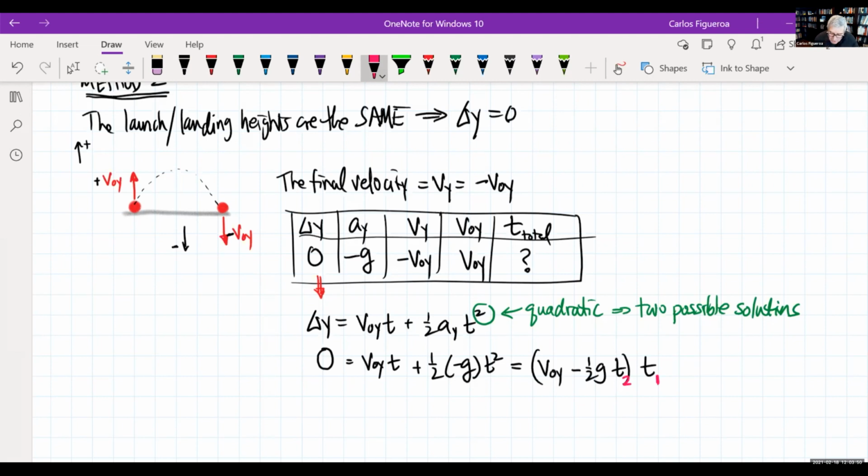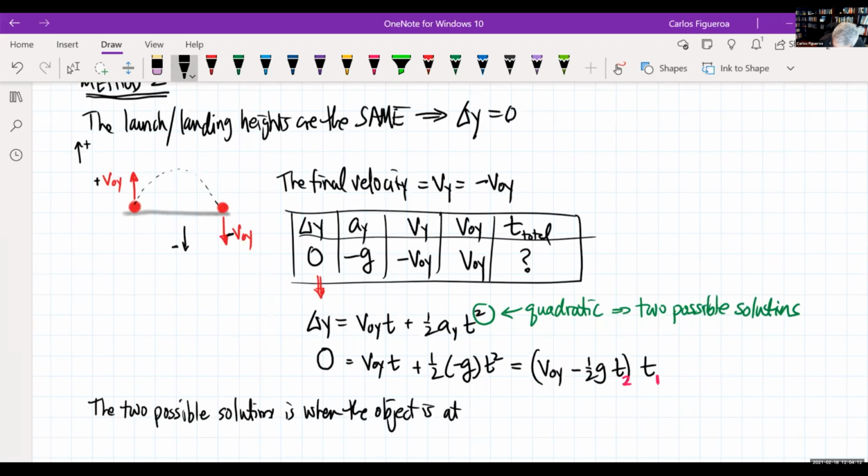So the question, when you're looking at this equation, what it's really telling you is that the 2 possible solutions is when the object is at y equal to 0.